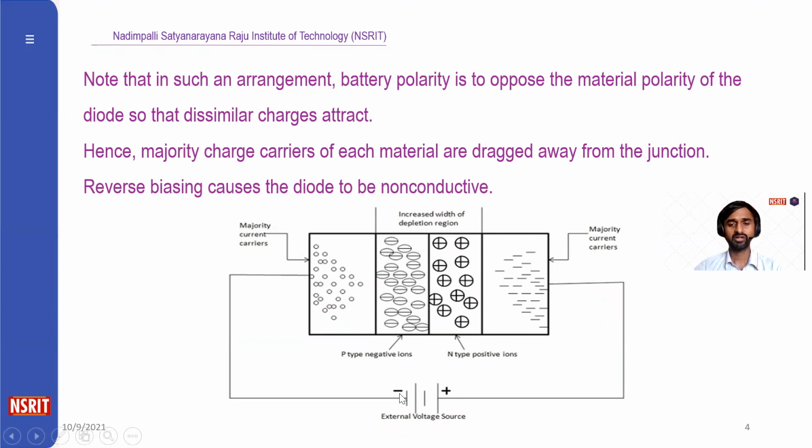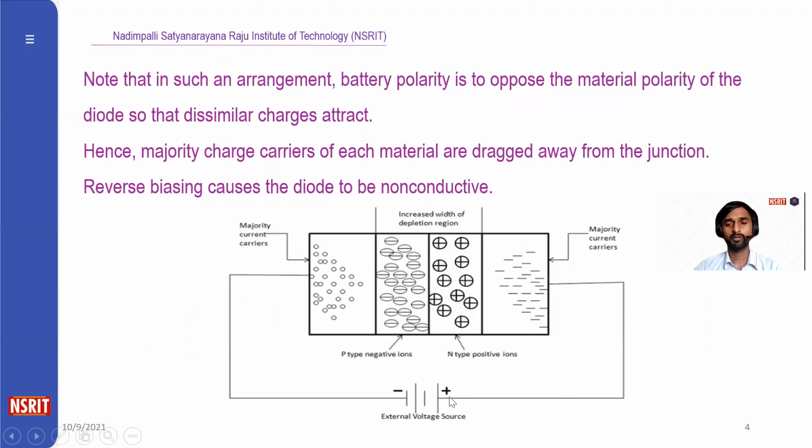Since we are connecting the negative terminal of the battery to the p-type region, the negative terminal of the battery provides electrons which enter into the p-type region and recombine with the atoms present over there and form negative ions.